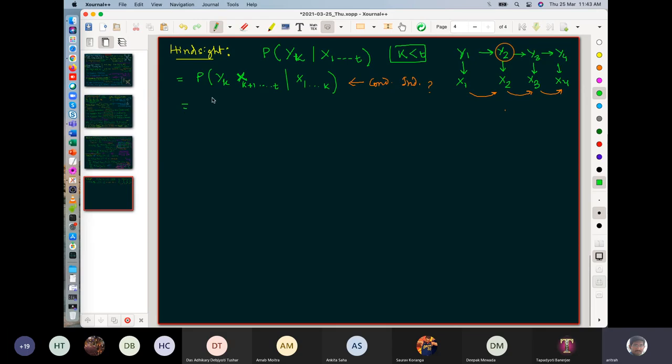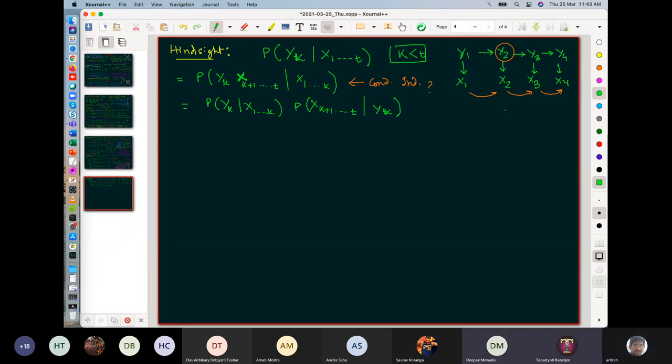Now, once I do that, then immediately it will give me, through the chain rule, the probability of yk given x1 to k, into the probability of xk plus 1 up to t given yk. Right? Agreed?